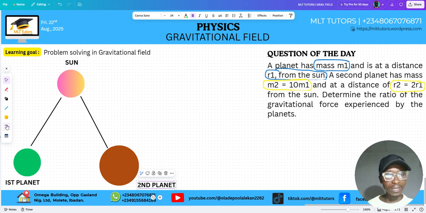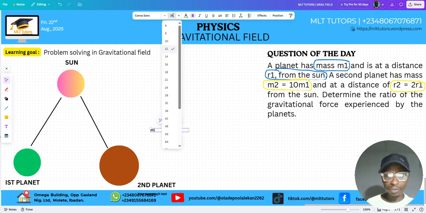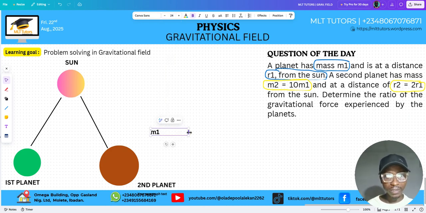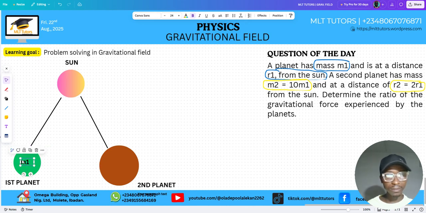So let's get their masses. The mass of the first planet, that is m1. Mass of the small letter m, m1. Let's enlarge that a little bit more. Let's put that here. That's the mass of the first planet. Then it has a radius R1.